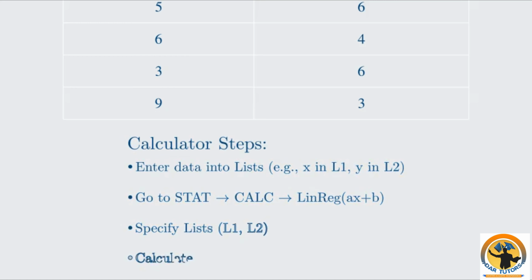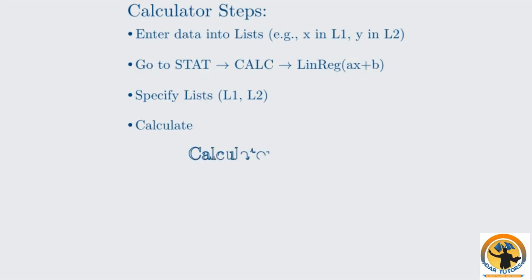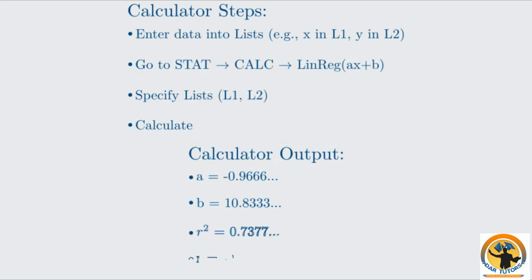Make sure to specify your X and Y lists correctly. The calculator output will show several values, including the coefficient a, the y-intercept b, and importantly, R. Here, R is approximately -0.859. The calculator also gives us R squared, which we'll discuss next.